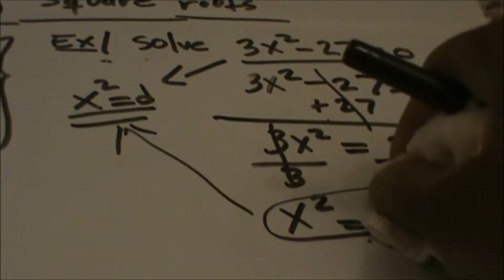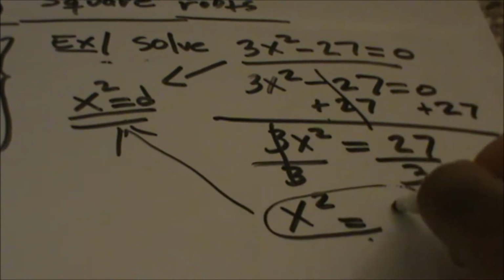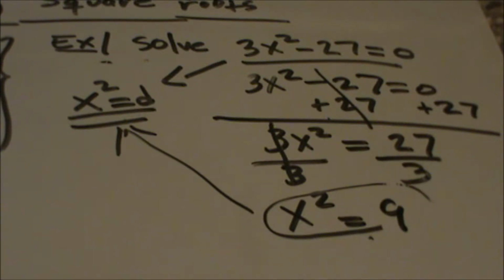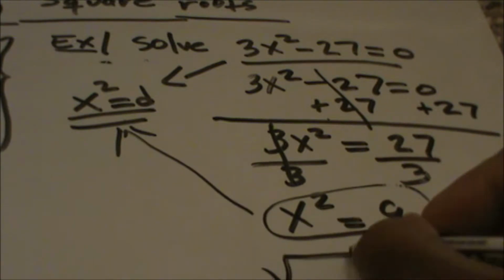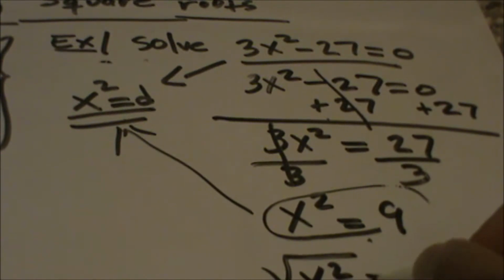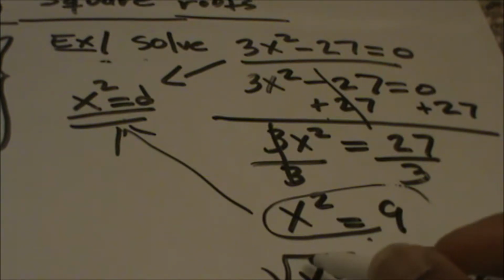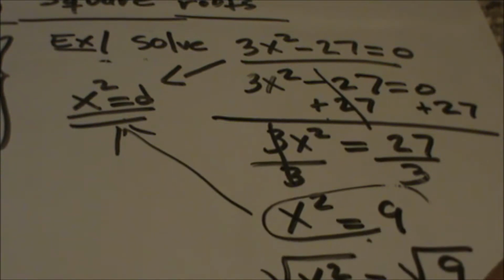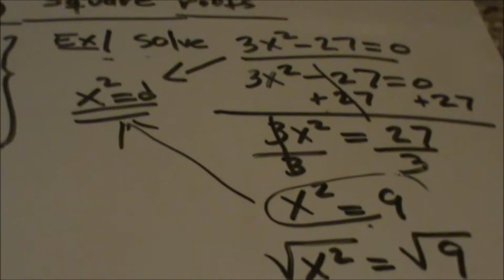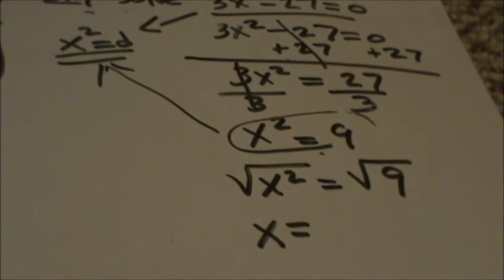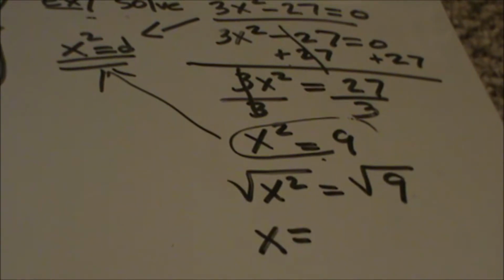And 9 is greater than 0, so there exist two real solutions. All we have to do is take the square root on both sides. The square root of x squared is x. X equals, what is the square root of 9?